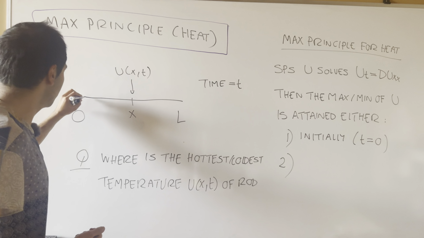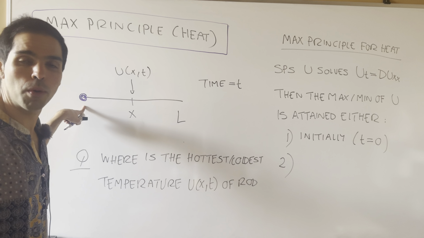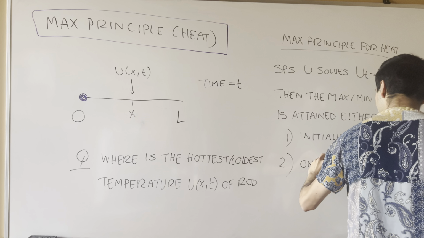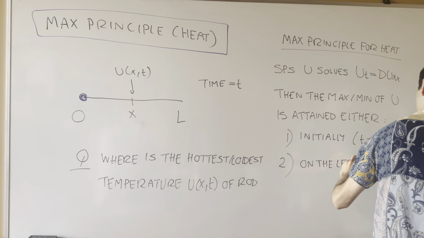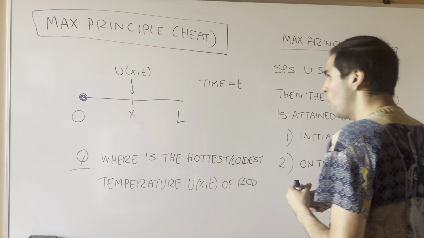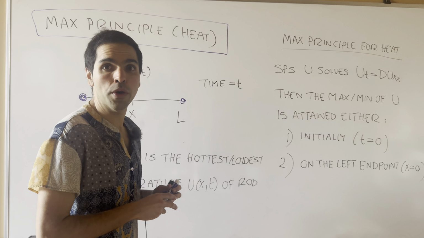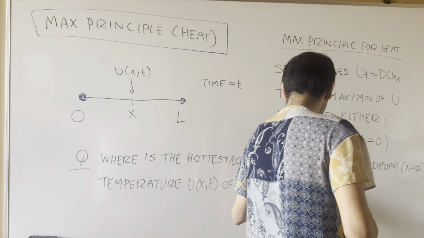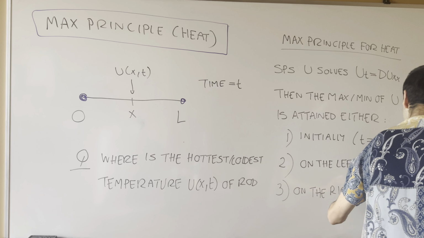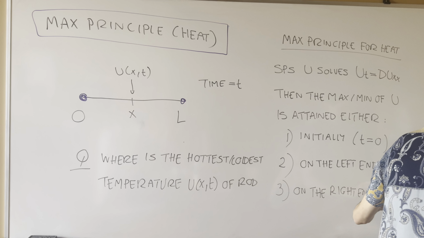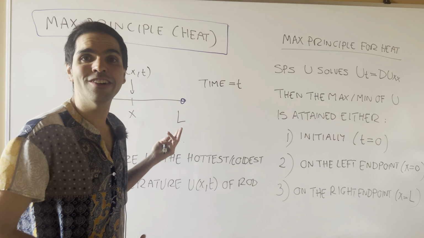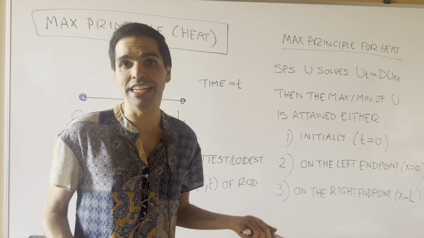Or at the left endpoint, so think of putting a block of fire on the left endpoint, in other words, x equals 0, or at the right endpoint, so at x equals L. So basically at the boundary, except it could also happen initially.